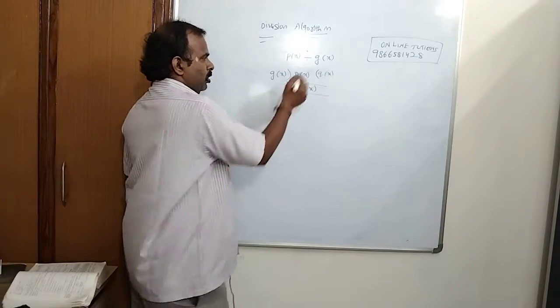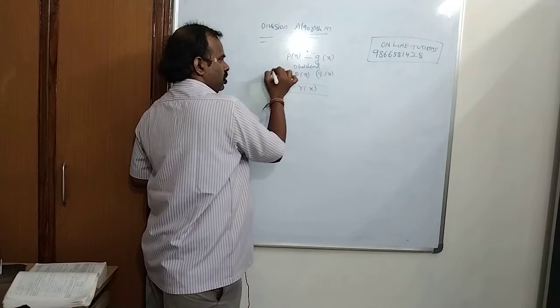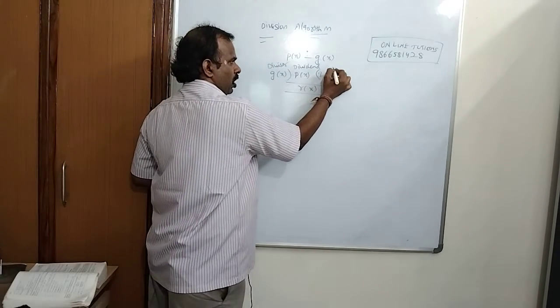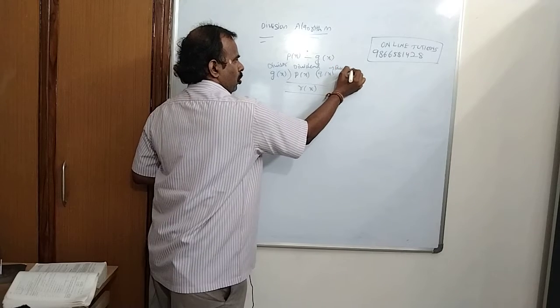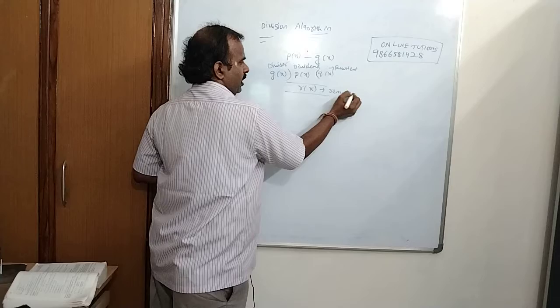So here p of x is the dividend, g of x is the divisor, q of x is the quotient and r of x is the remainder.